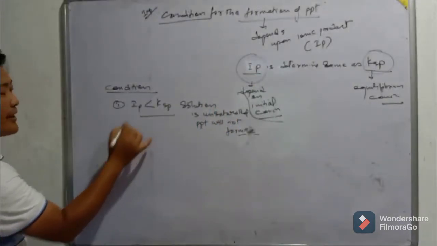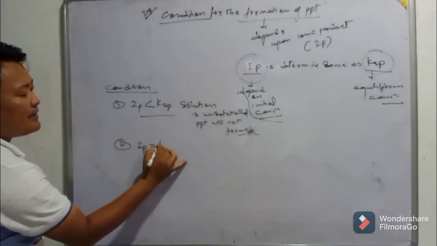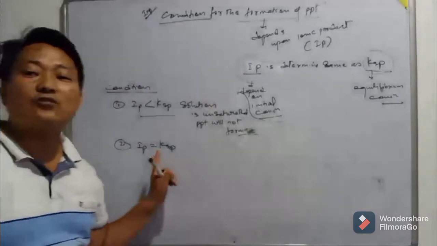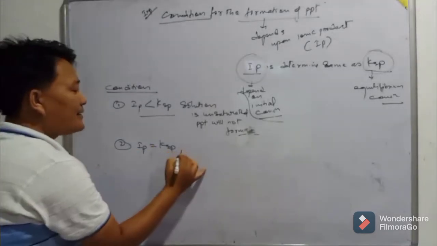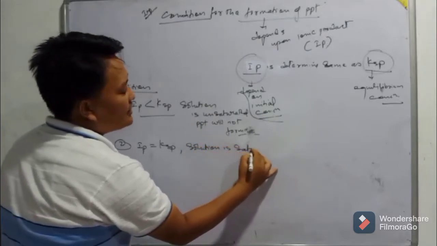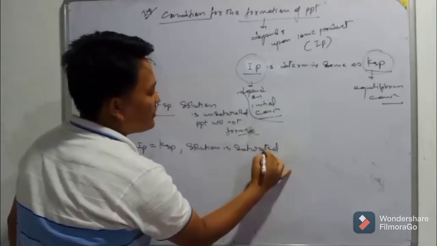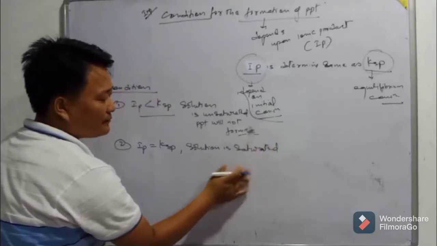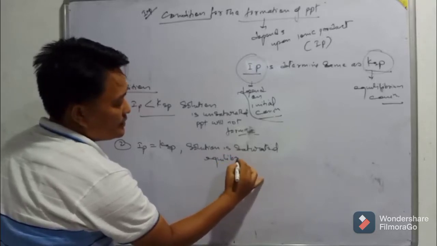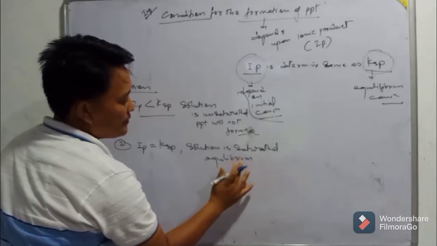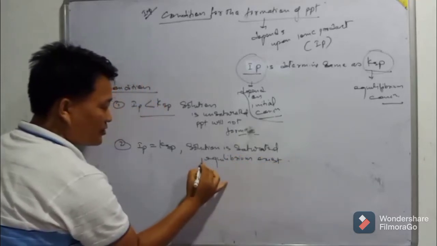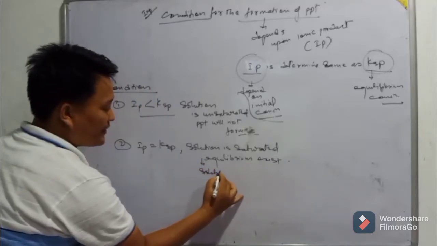Case two: IP is equal to KSP. If the ionic product is equal to the solubility product, then the solution is saturated and solubility equilibrium exists.